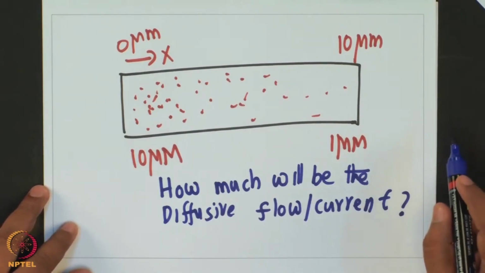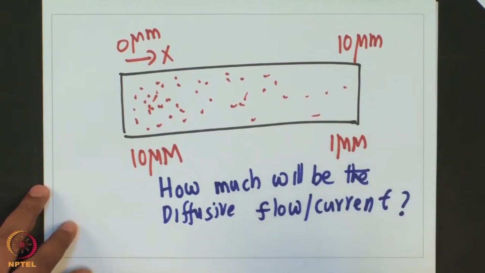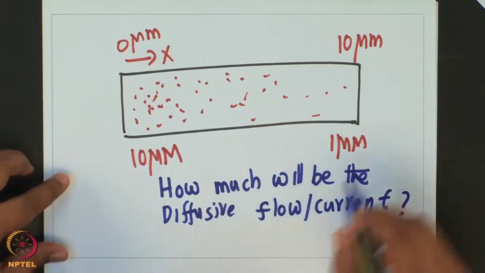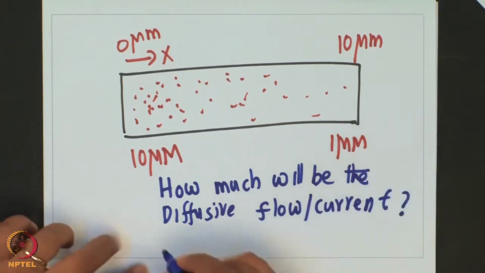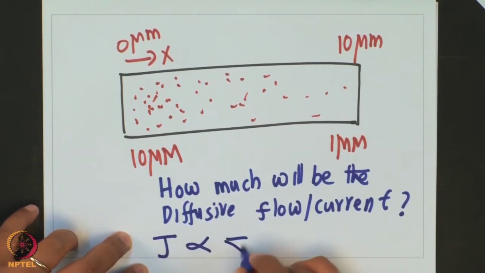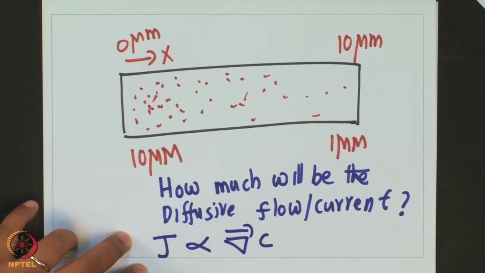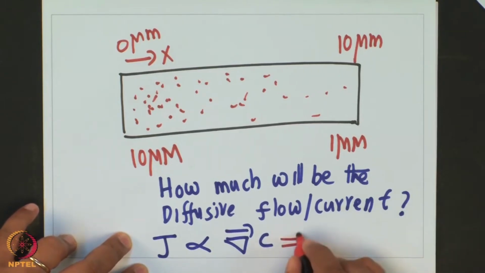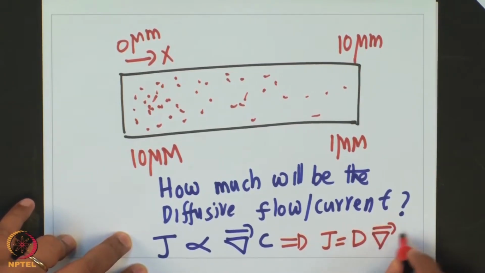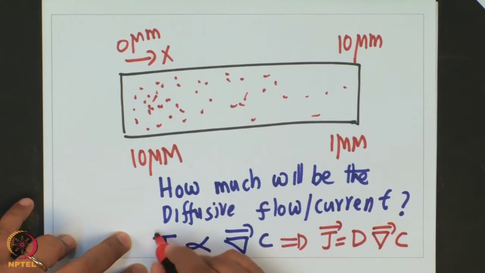It turns out that the answer to this question is that the flow J is proportional to the gradient of concentration, and it can be written that J is equal to some constant called the diffusion constant times the gradient of C. So J is a vector.